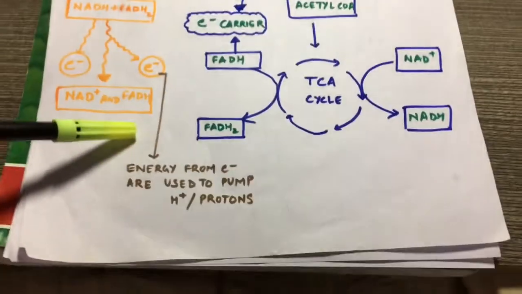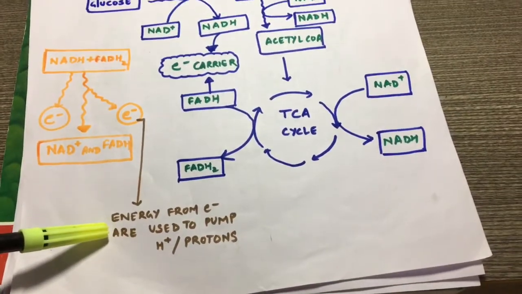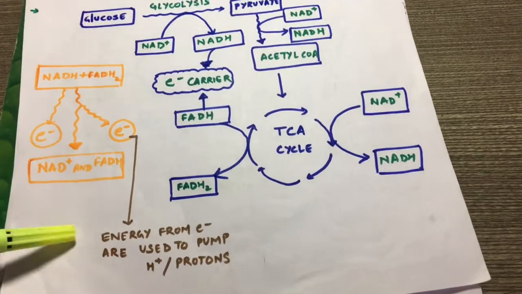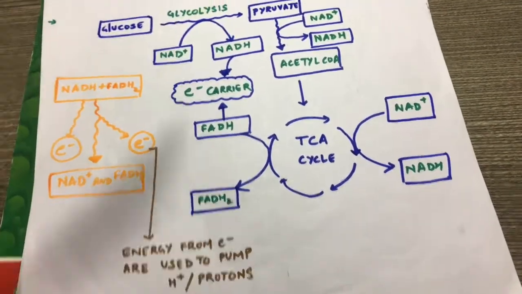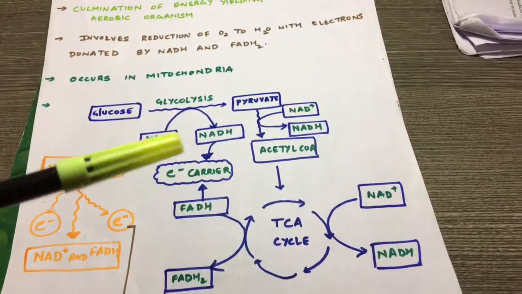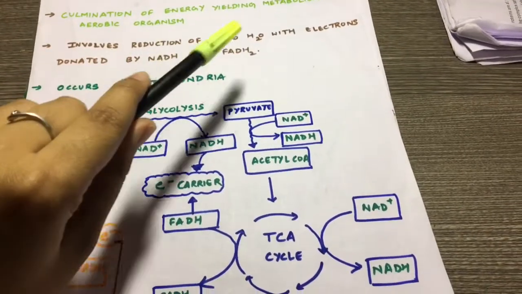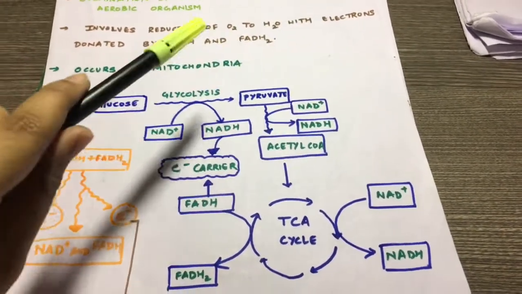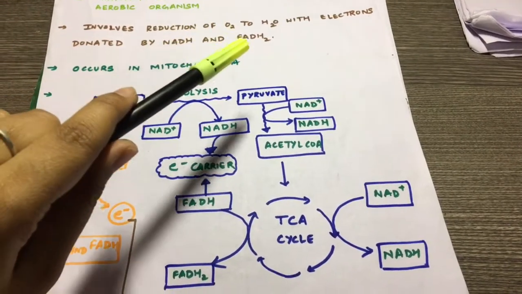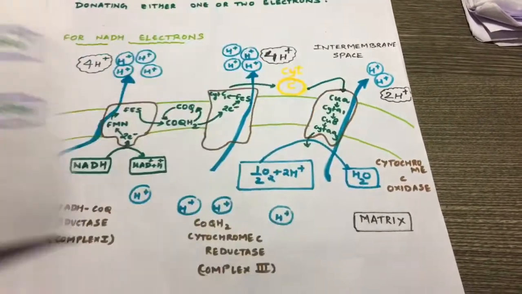These electrons are further used to pump the protons out of the matrix. So the whole process of oxidative phosphorylation takes place in mitochondria, where the major aim is the reduction of oxygen to H2O with the electrons being donated by NADH and FADH2.